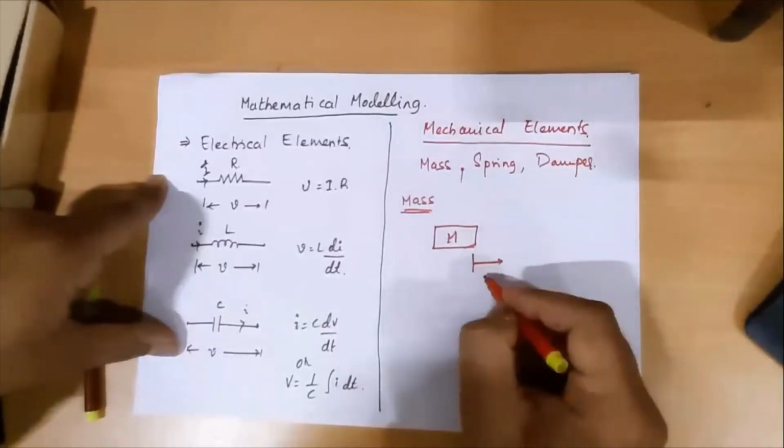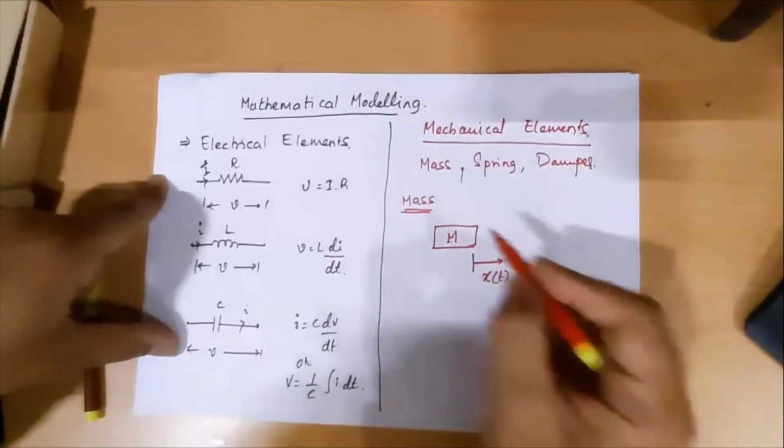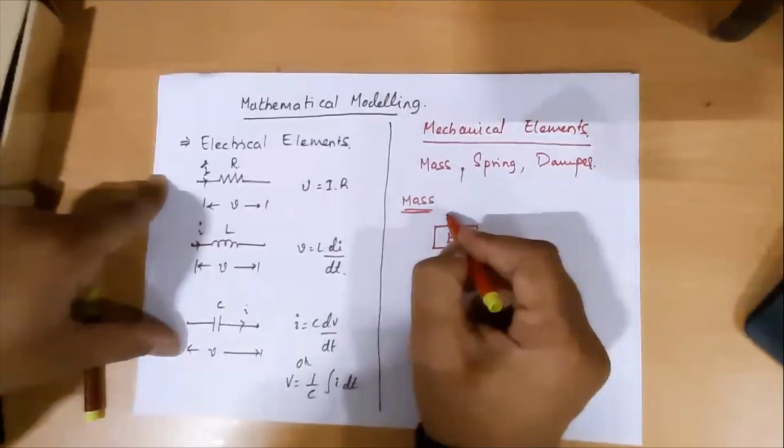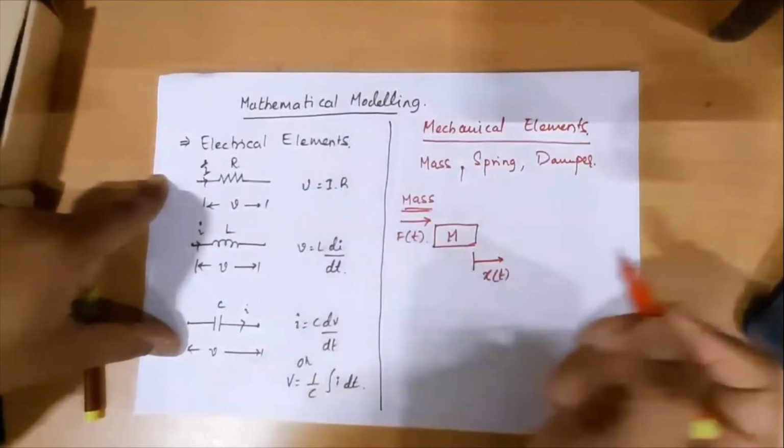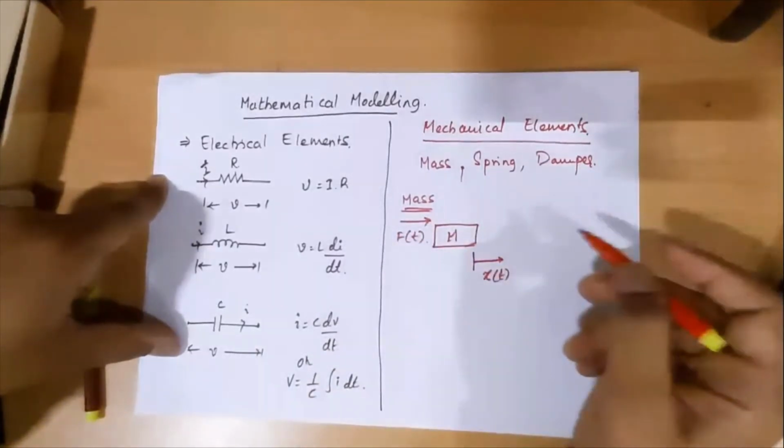Then we write x of t, which is a basic symbol to represent displacement in mechanical or control system terminologies. When do you expect a displacement? Obviously when you apply a force, f of t. So now I can call force f of t the input and x of t, the displacement, the output.